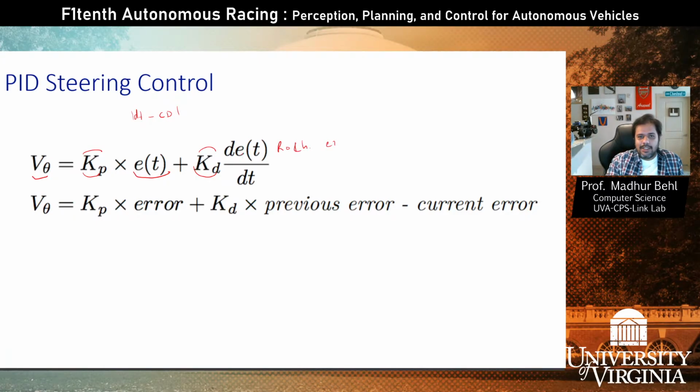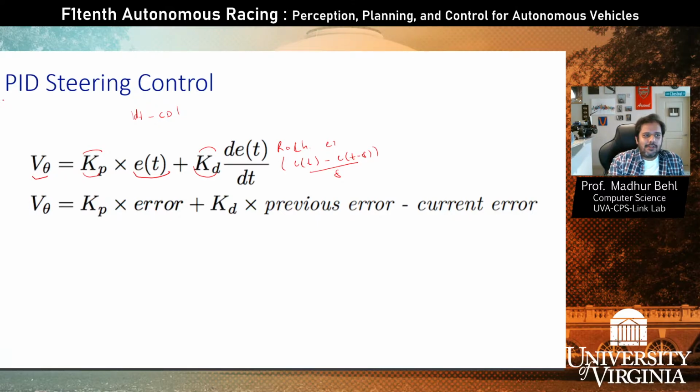So de/dt means you are looking at the error at time t minus the error at time, say, t minus delta, or t minus 1, upon the value of time, which is delta. So this is like a derivative component. We are not only interested in reacting to the current value of the error, but we are interested in also reacting to the rate at which the error is changing.